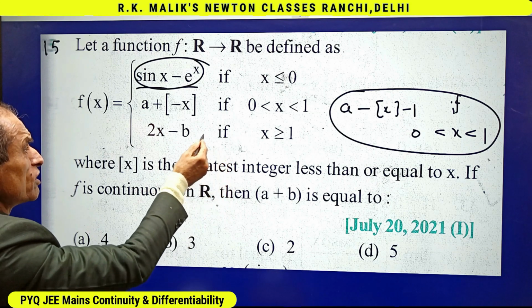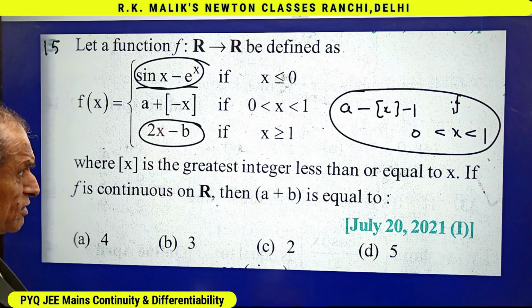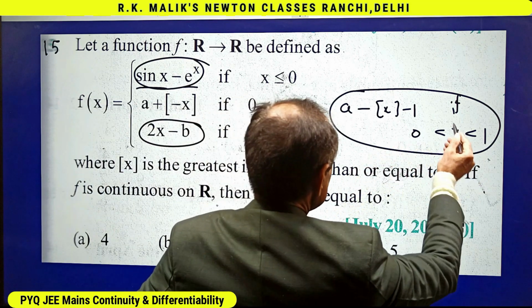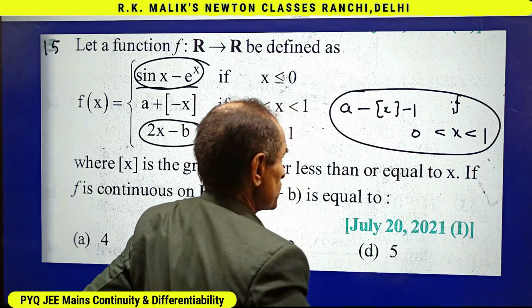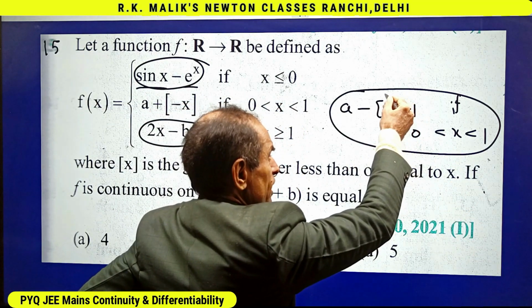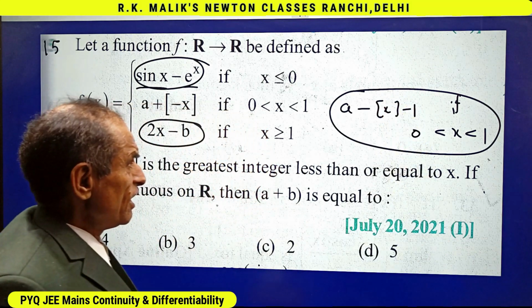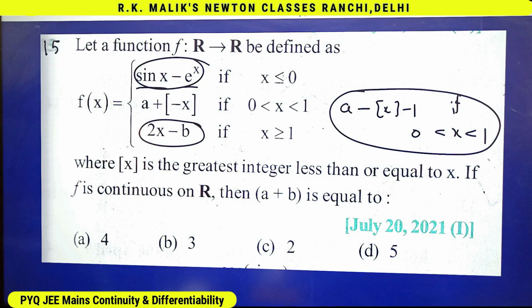For x greater than equal to 1, it is again continuous, because it is a polynomial function. And between 0 and 1, it is a continuous function, because box x becomes discontinuous only at integral points. Hence, chances of discontinuity are at 0 and 1 only. Therefore, we'll find the value of a and b such that the function becomes continuous at 0 and 1 both.